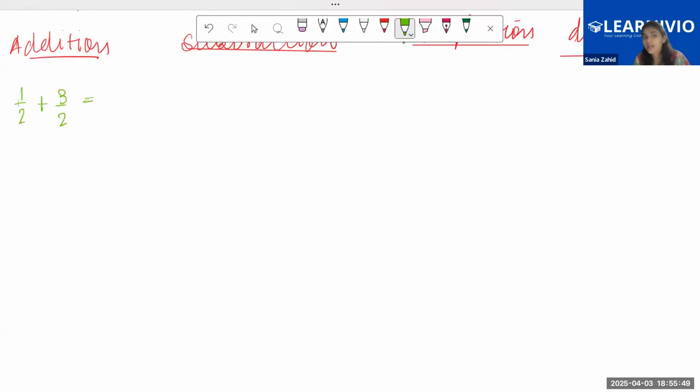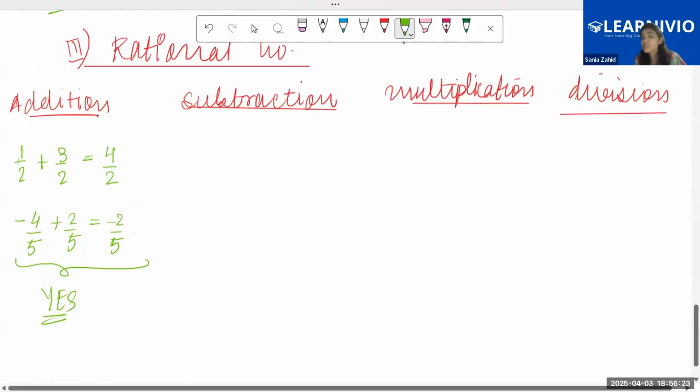When I add them, I get 4 by 2. So all three are rational numbers only. Even if I take a negative number, let's suppose I'm taking negative 4 by 5 and adding 2 by 5 to it. What do I get? I get negative 2 by 5. So again, all are rational numbers only. So addition follows the closure property.